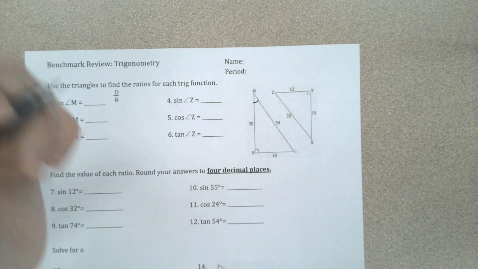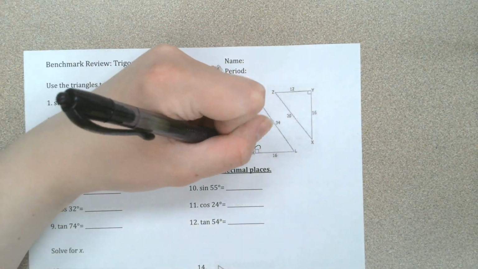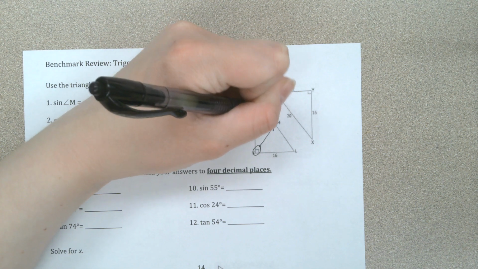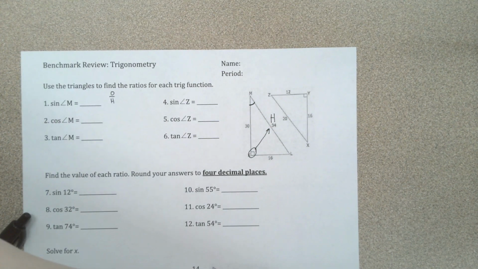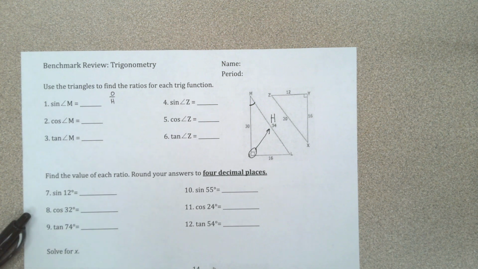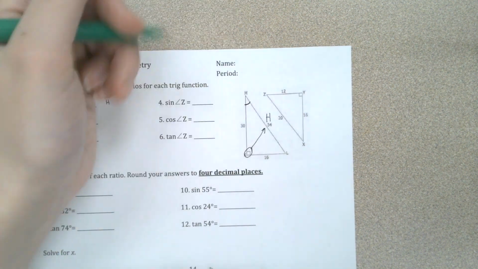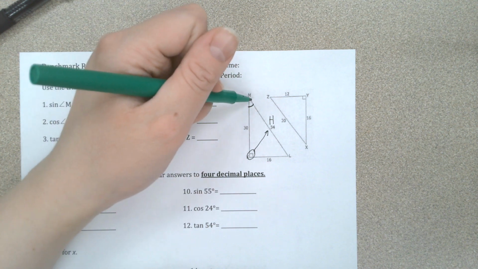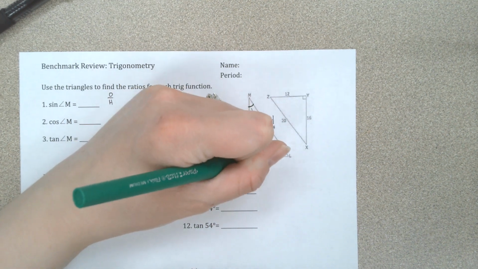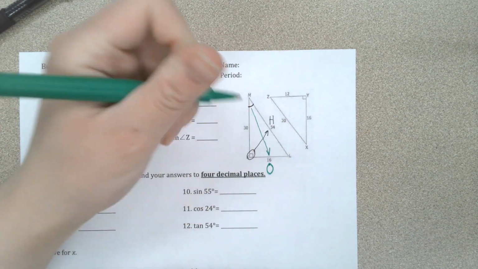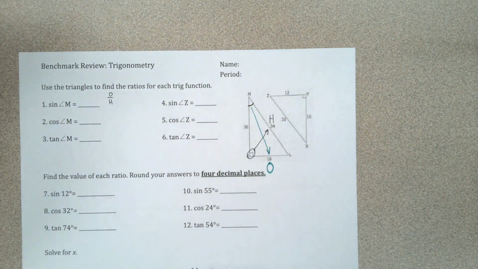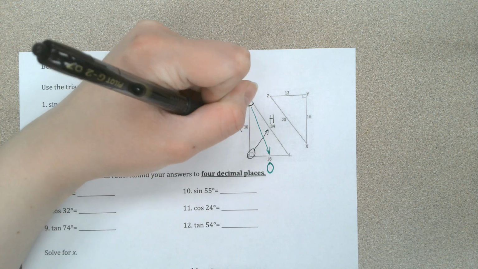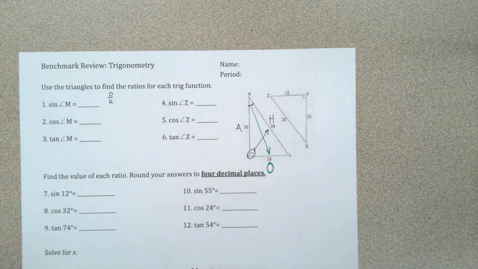H is the hypotenuse, it is across from the 90-degree angle, so that's going to be H. And O stands for opposite, as in opposite our angle. So our angle here is M, so the side opposite that is 16. So that's going to be O, and the last side is A, so 30 is A.